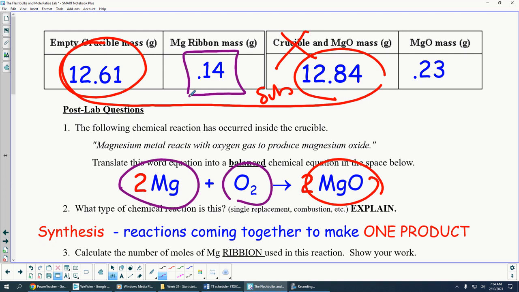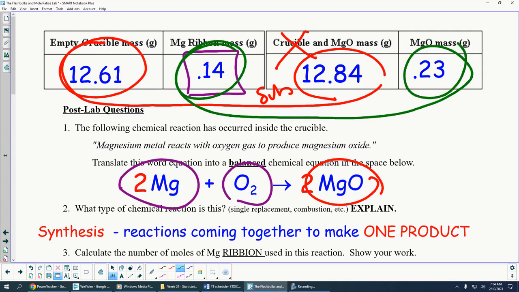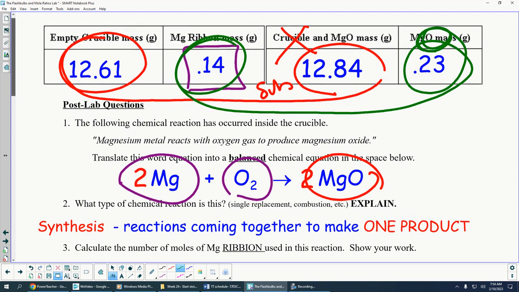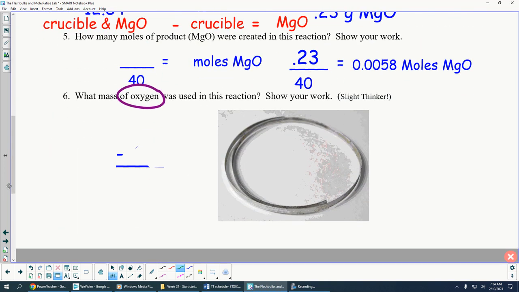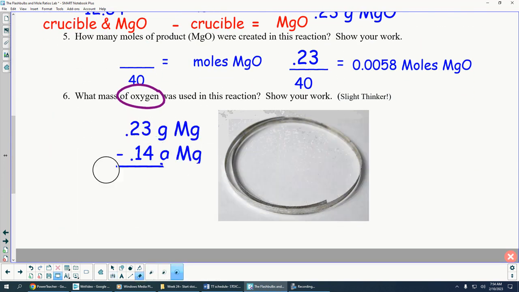You would just simply take the difference. This was my ribbon before the oxygen. This is my magnesium with the oxygen. So all you have to do is take a difference. There are different ways you can get to it. Yesterday I saw some creativity, but it's really just straightforward. That's how much oxygen we added to your ribbon.